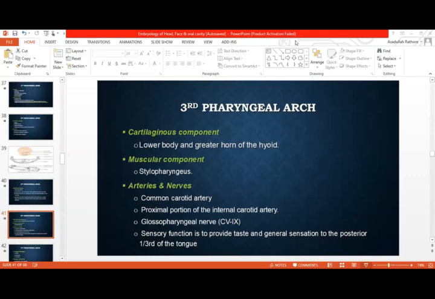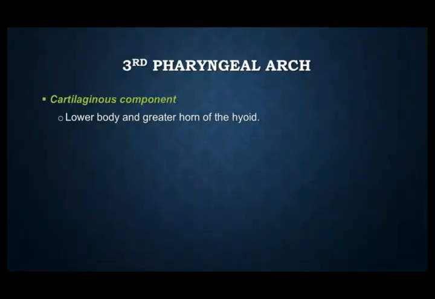They consist of the outer ectodermal layer, and internally they are lined by the endoderm, and in between these two layers is the mesoderm and the neural crest cells.